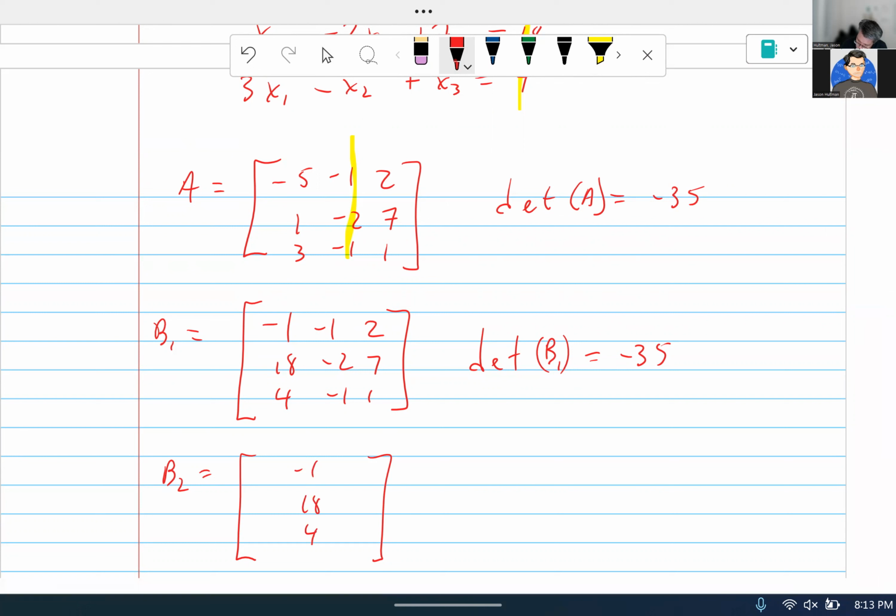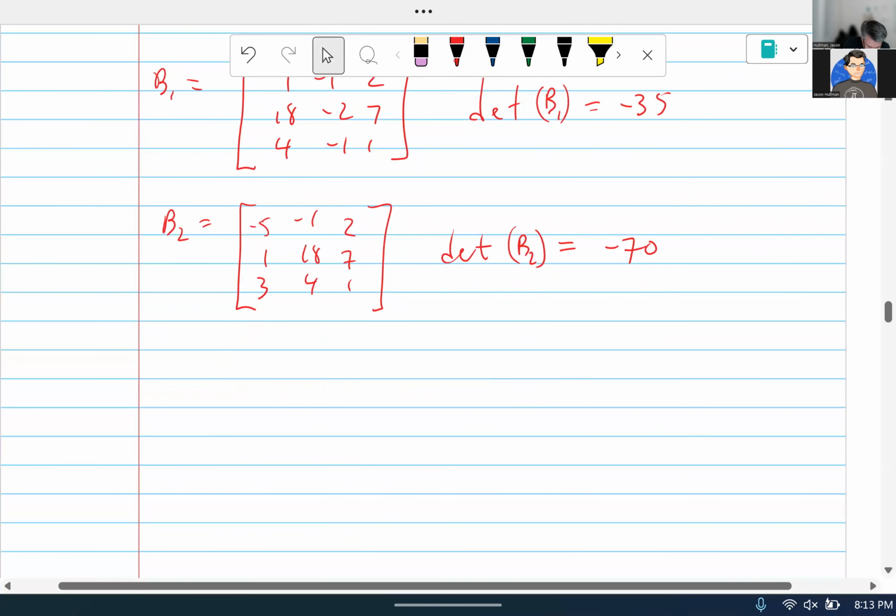Then I get from my original matrix A: -5, 1, 3, and 2, 7, 1. The determinant of B2 is going to be equal to -70.